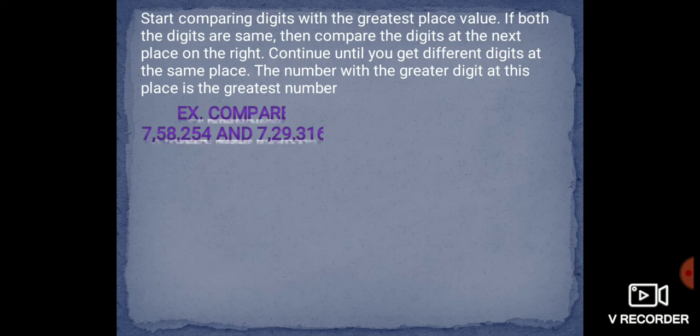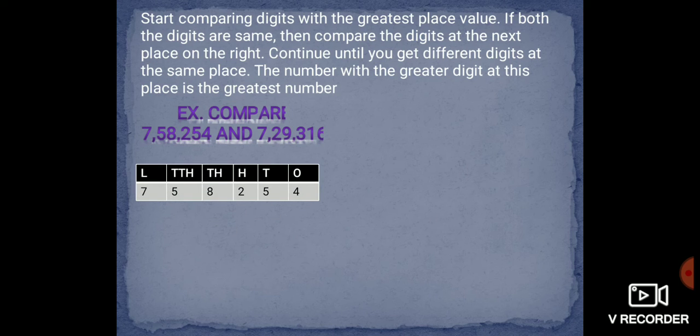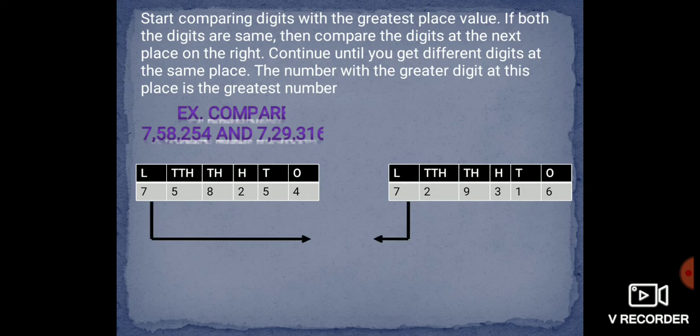Start comparing digits with the greatest place value. If both digits are the same, then compare the digits at the next place on the right. Continue until you get different digits at the same place. The number with the greater digit at this place is the greater number. For example, compare the given numbers. Place the digits in the place value chart. We see the first digits of both numbers are the same, 7 is equal to 7.